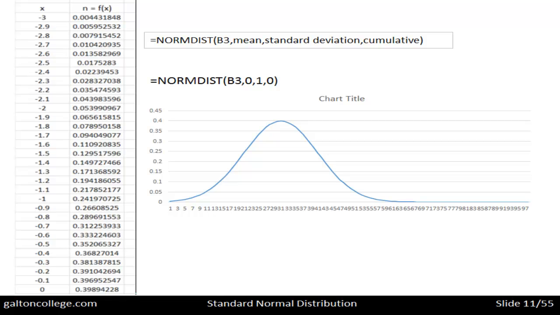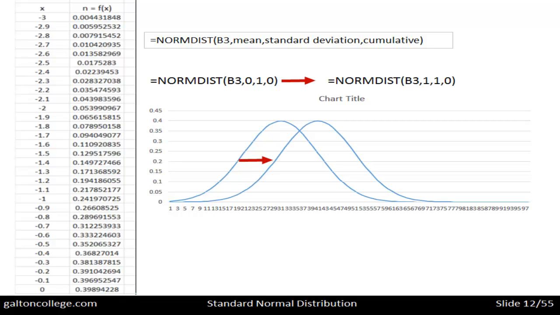Let's go back to the 1 case. So we've now got our NORMDIST, which is B3, mean is 0, and standard deviation 1, and it's cumulative. So it's not 1, so it's our standard normal distribution.